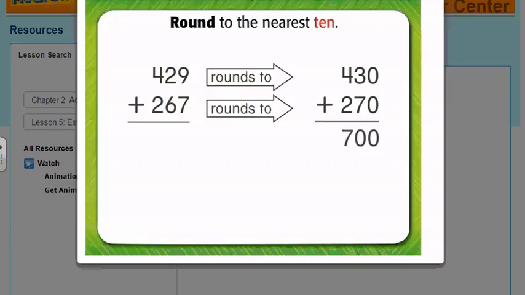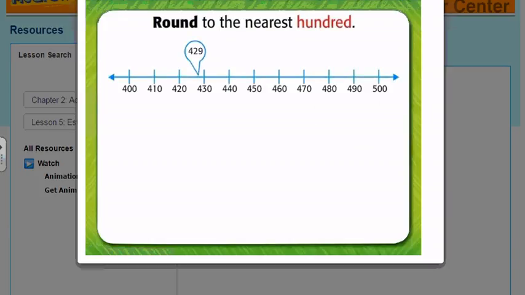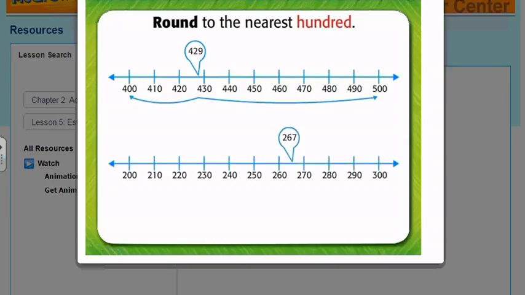Now let's round to the nearest 100. 429 is closer to 400 than 500. 267 is closer to 300 than 200.